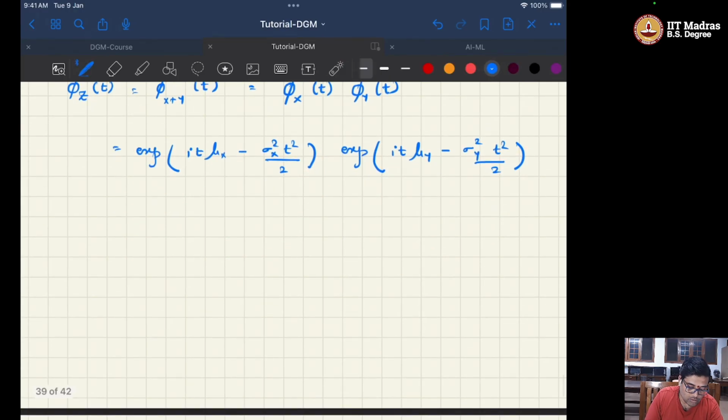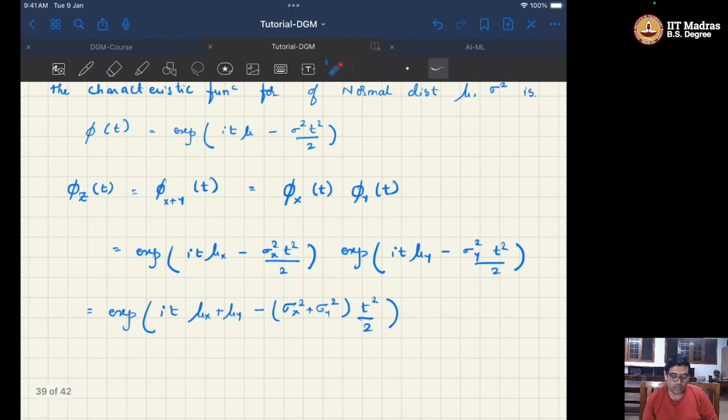Now this is exp of i t is common, mu X plus mu Y. Since you are adding, if you take minus as common here and add these two terms, you have sigma X square plus sigma Y square into t square by 2. Yes, this is the format in which we wanted.